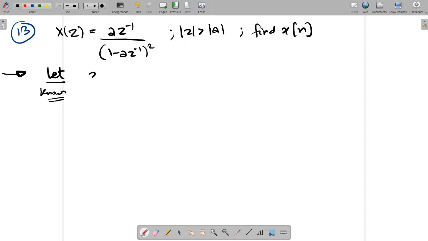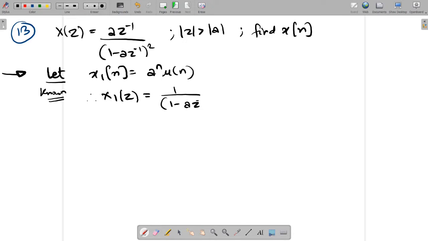Let x1 of n be equal to a raised to n u of n. Therefore, what is X1 of z? X1 of z is 1 upon 1 minus a z inverse. What is d by dz of X1 of z? d by dz of this entire term.